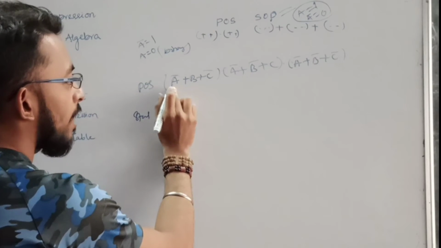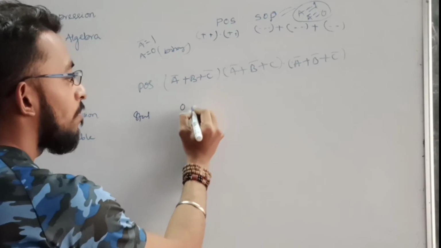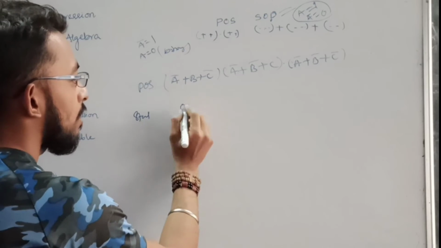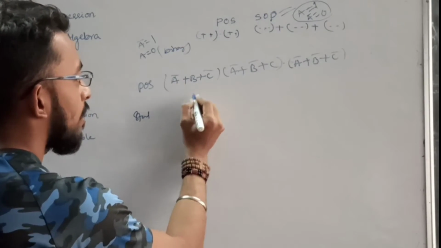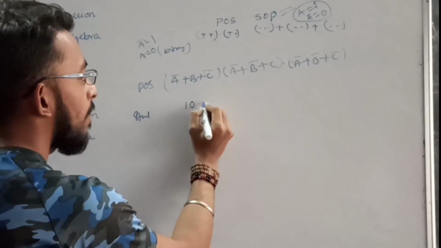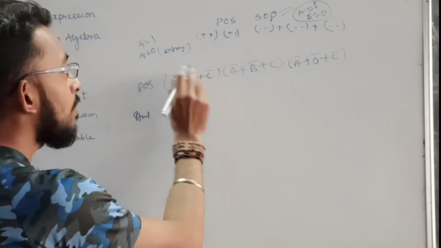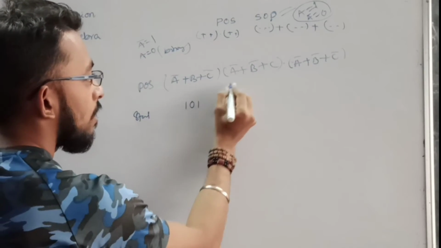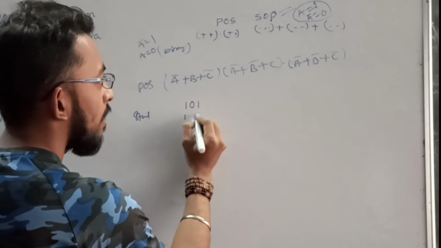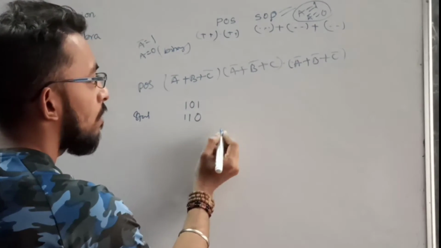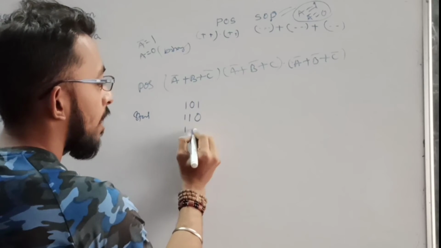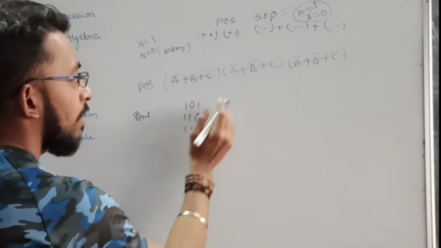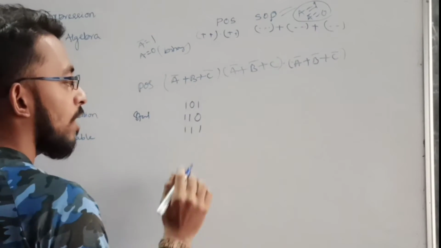So what is A bar? A bar is nothing but 0. B is nothing but 1. C bar is nothing but 0... Remember this thing: bar means 0 in POS. So A bar B C bar is 0 1 0, A bar B bar C is 0 0 1, and A bar B bar C bar is 0 0 0.